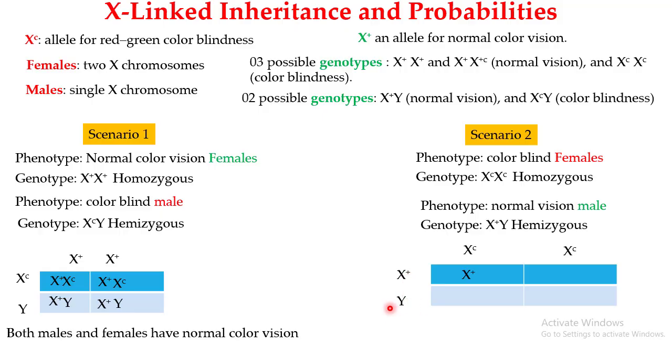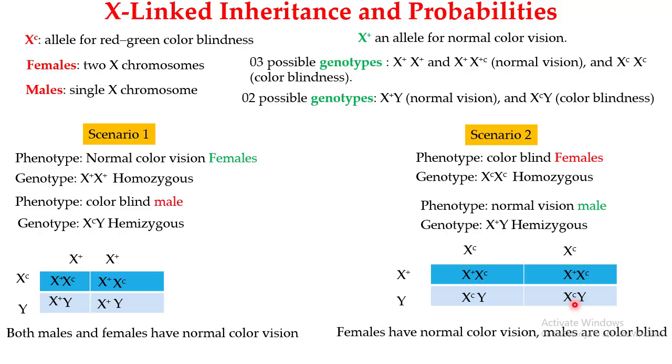So if you combine them, the X plus coming from the father and the XC coming from the mother produce a female offspring; the X plus again from the father and the XC from the mother produce another female offspring; the XC from the mother and the Y from the father, and the XC again from the mother and the Y from the father.